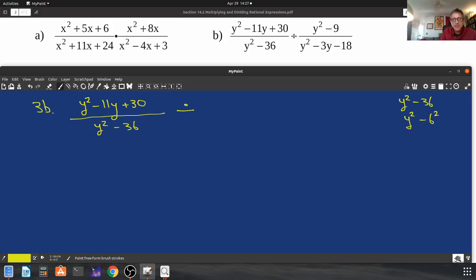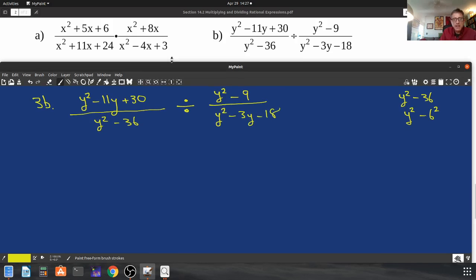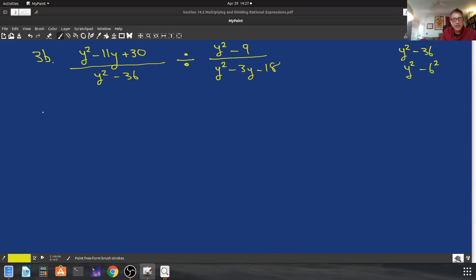Then we have my division, and I'm not going to change that into multiplication until I've literally factored everything and simplified both sides. So now let's just get us all the room we need.